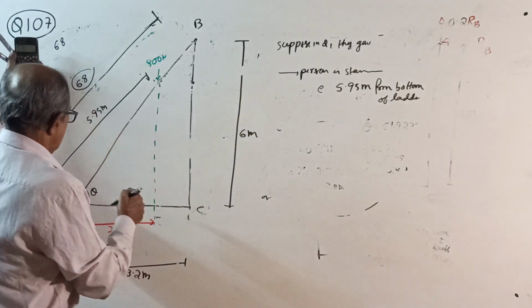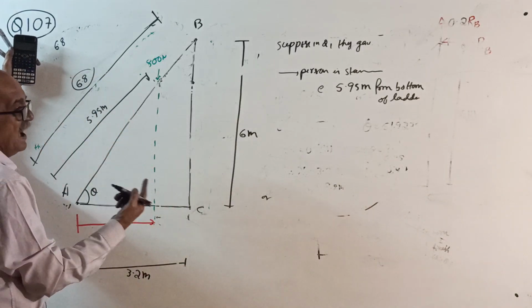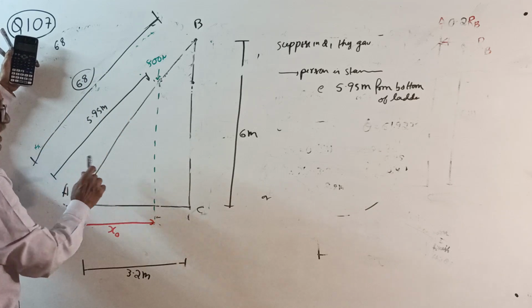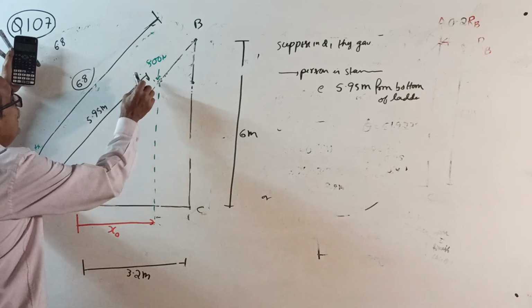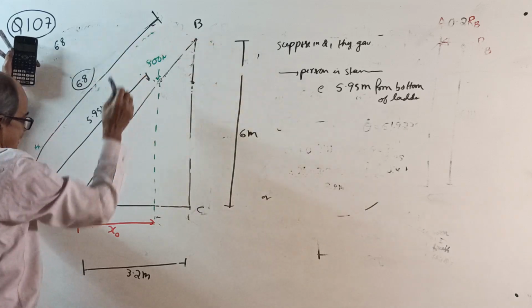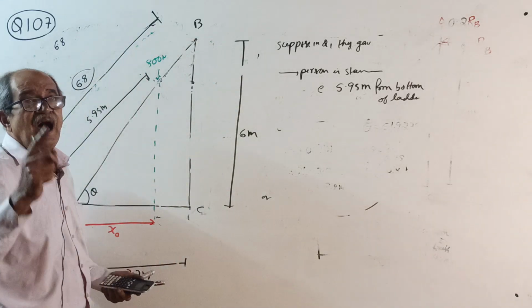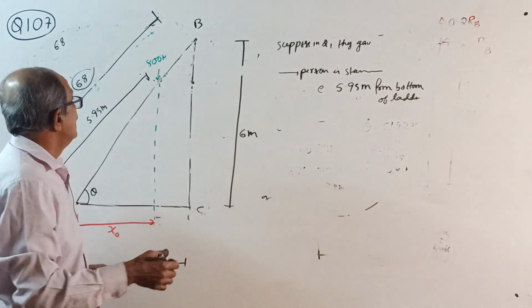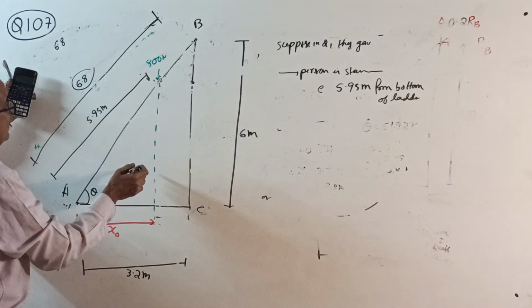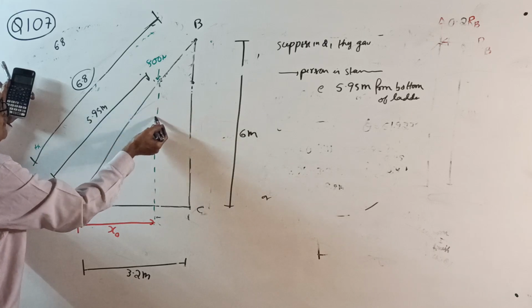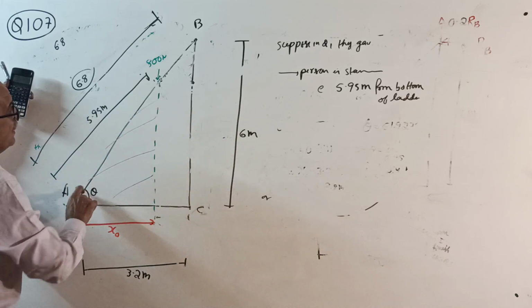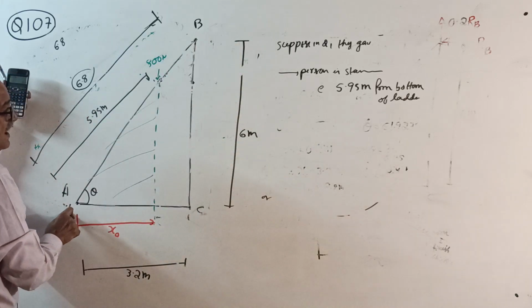Then x naught is the direct answer. How? Already I told you earlier, 5.95 by 6.8 into 3.2. Now, consider this triangle and the full triangle.